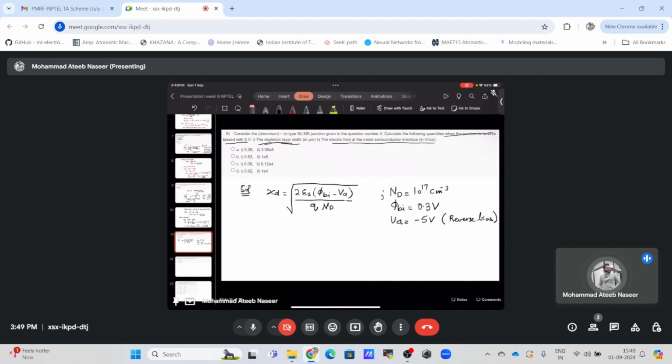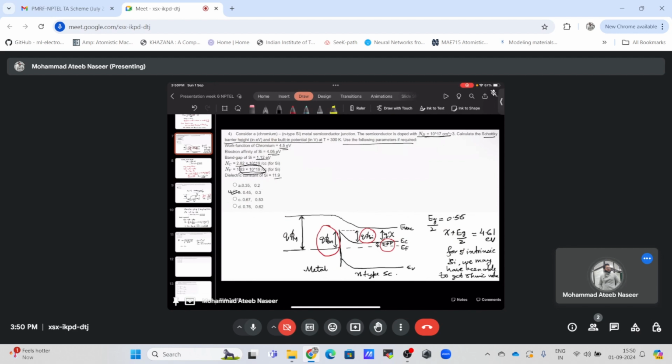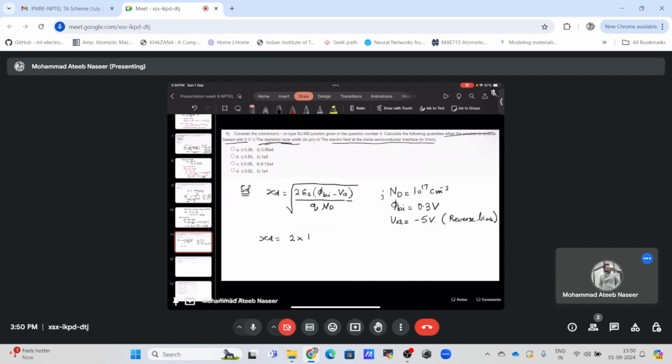So in general, xd is 2 times epsilon s, which was given in the previous problem. We had to take it to be 11.9 times 8.85 into 10 to the power of minus 14.